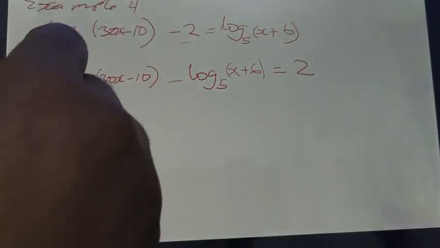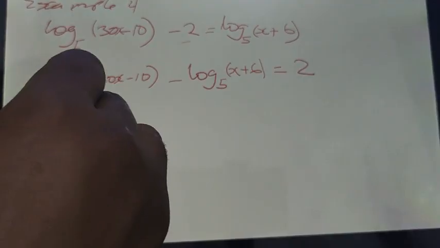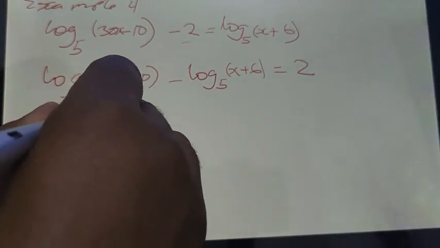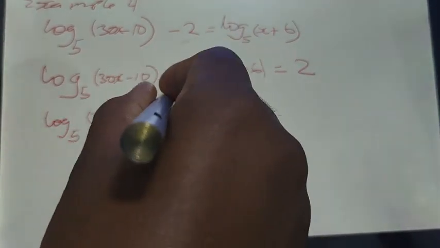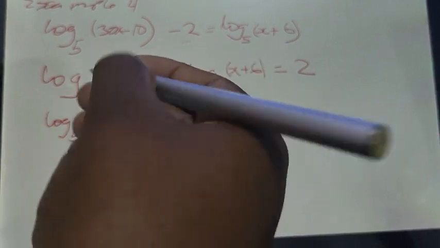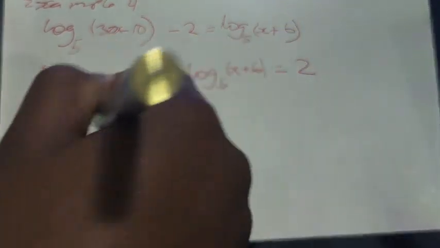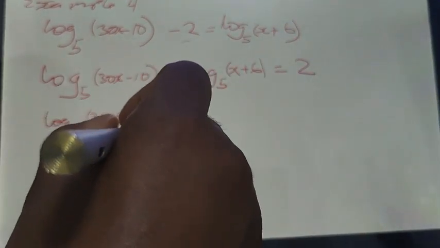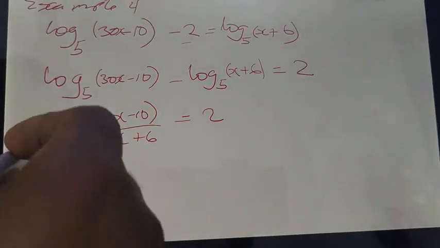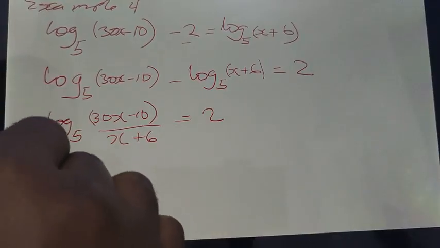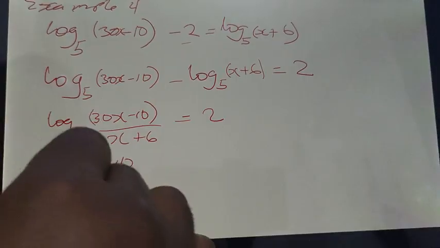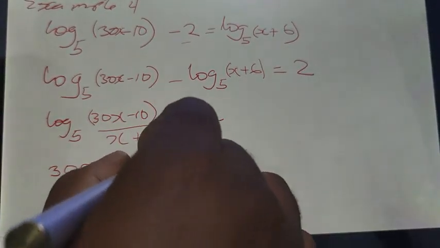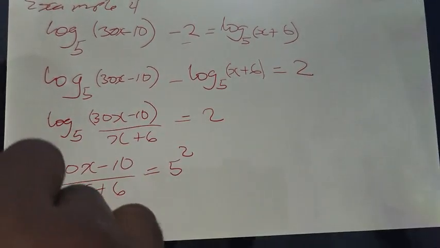So we're simplifying the left hand side to have log base 5 of (30x minus 10) over (x plus 6), using the division rule because we're subtracting, equal to 2. Then we are changing this into exponential form. (30x minus 10) over (x plus 6) should be equal to 5 to the power 2.